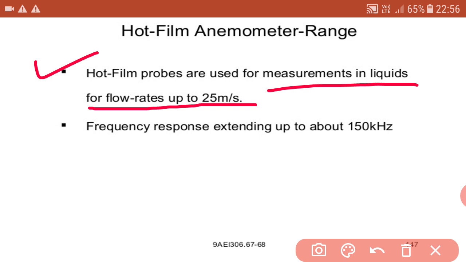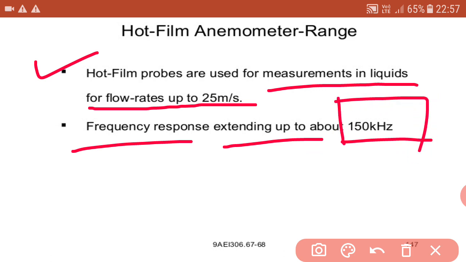So this is the range of this meter. Frequency response extends up to about 150 kilohertz, so it is very large. Its range is large as compared to other meters.